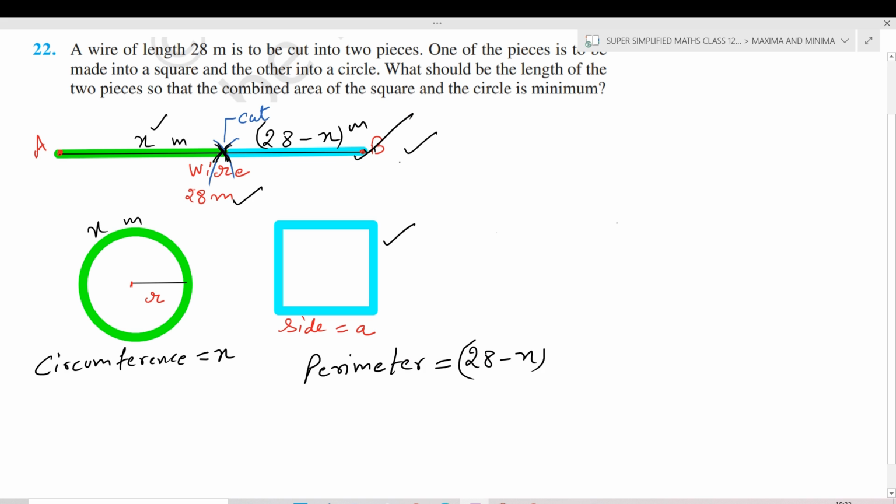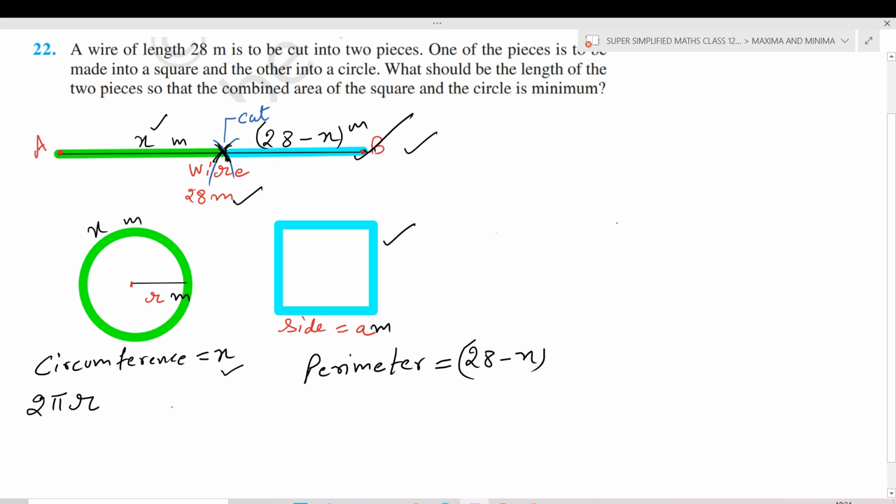So now let us assume that the radius of this circle is r meters, and let us assume that the side of this square is a meters. Now we already know that the circumference of this circle is x meters and the radius has been assumed to be r, but the circumference of any circle is 2 pi r.